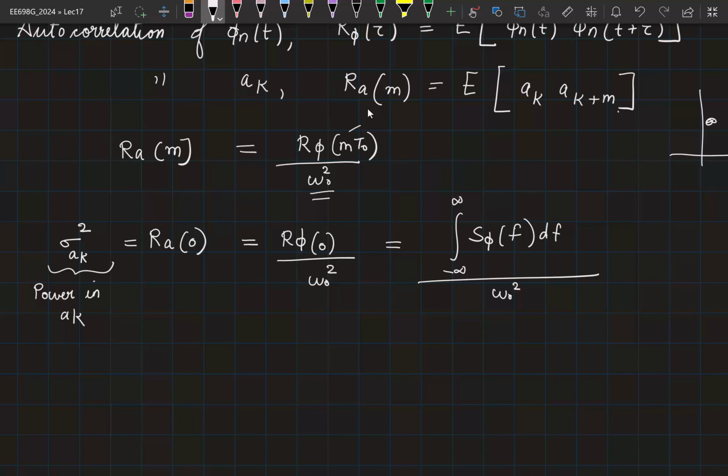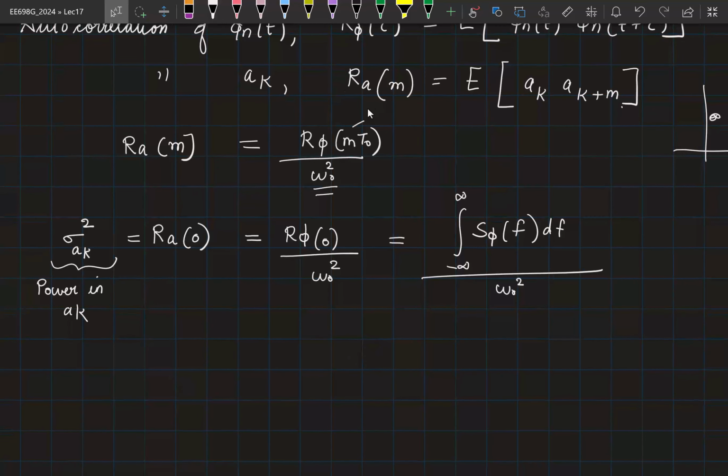Do you think this result is useful? What is S phi of f? So if I have phi n of t and I take its PSD, that gives me S phi of f. By this we can know the power in AK, right? If you know phi n of t, you can know power in AK.